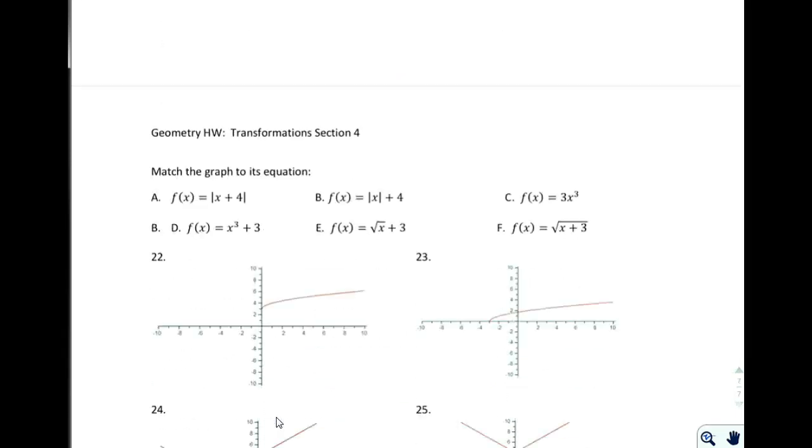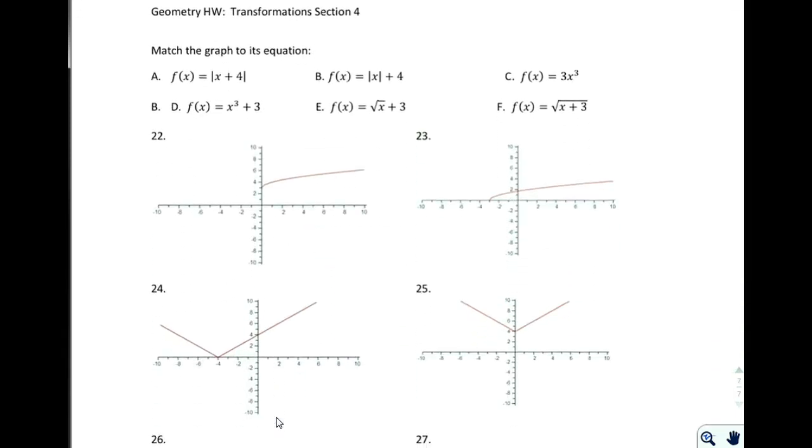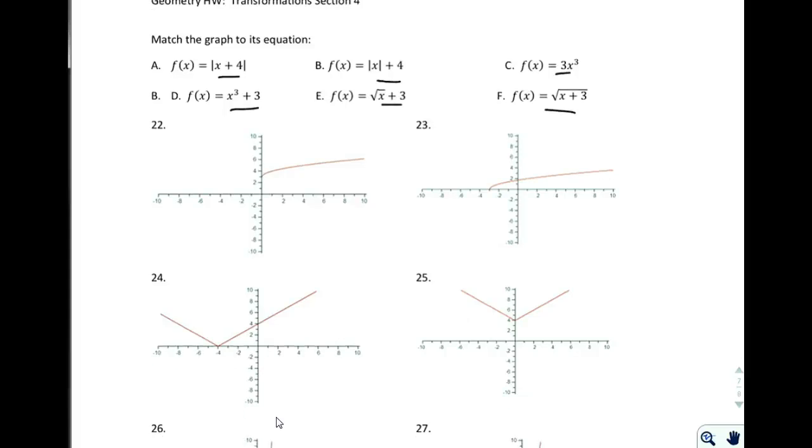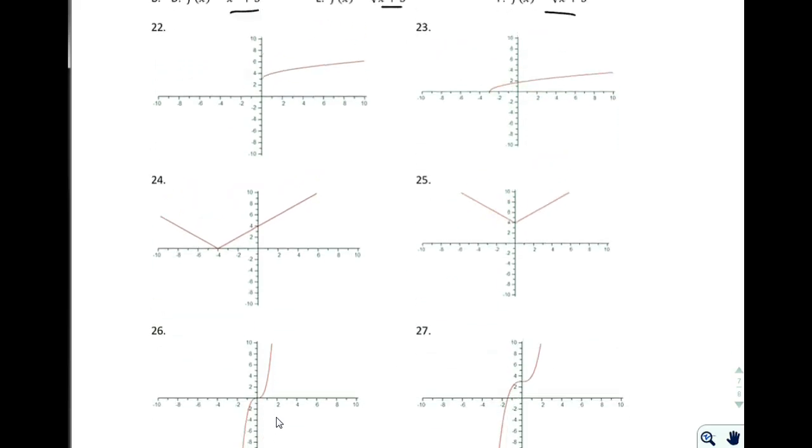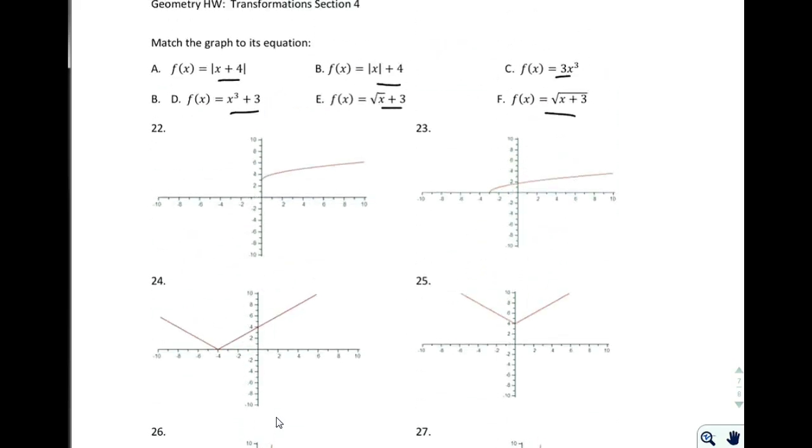And finally, let's take a look at the last page just real quick. All you're doing is matching equations and graphs. You'll see that you have some absolute value problems, you have some cubic, and you have some square root all going on here. And so each one of these equations belongs to one of these graphs. So first figure out your parent functions.